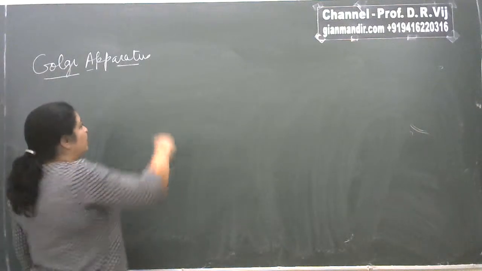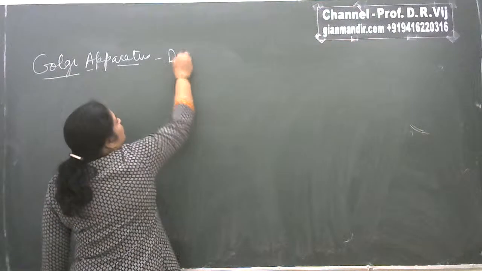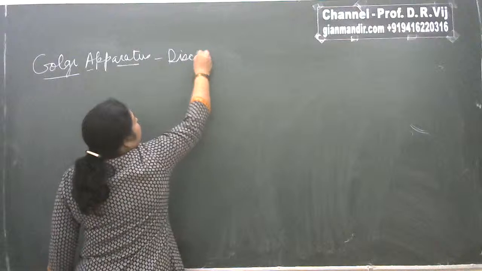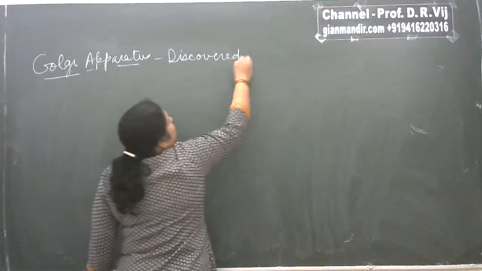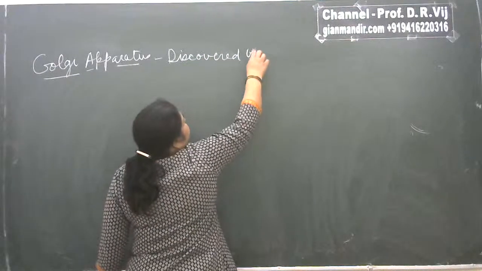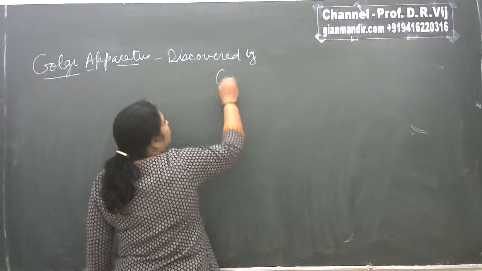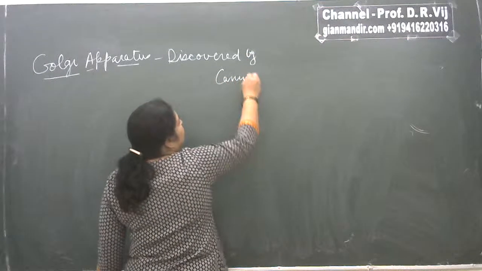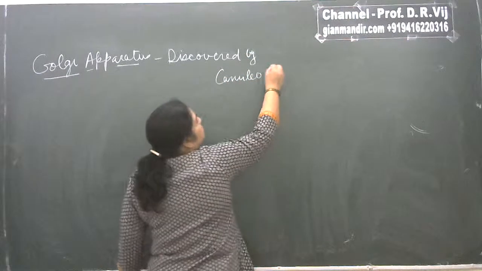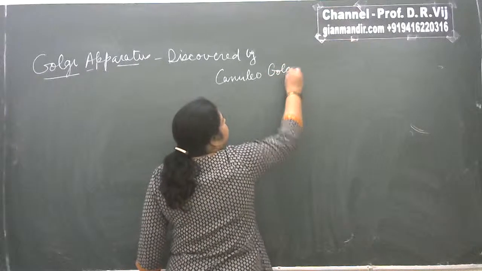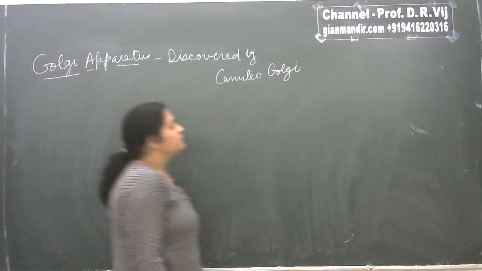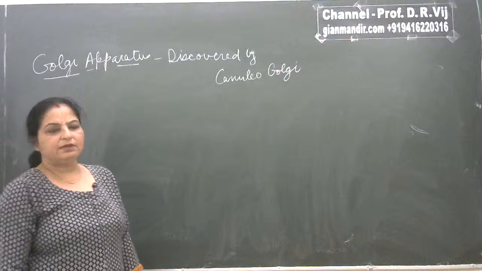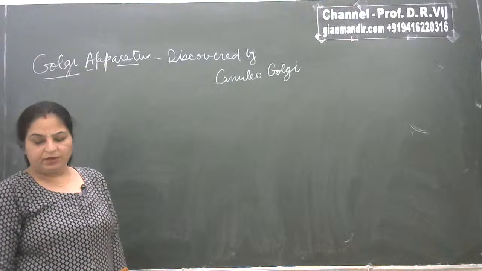The other cell organelle was first discovered by Golgi. So in honor of his name, it is known as Golgi apparatus.